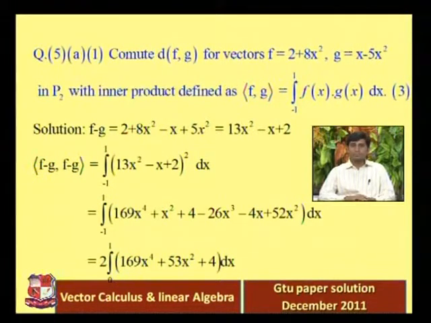Okay, so let's start. Now what is the formula to find the distance between any two vectors? What is the formula for the distance between any two vectors f and g?